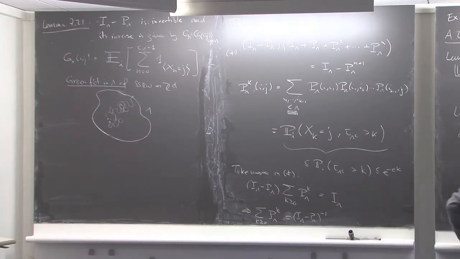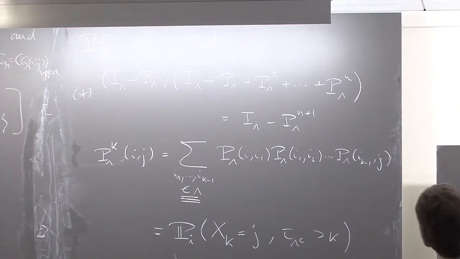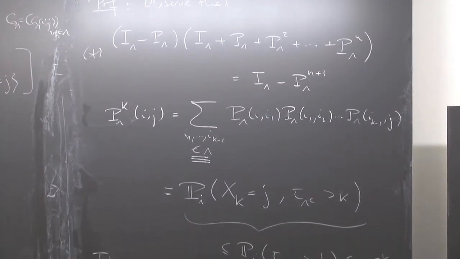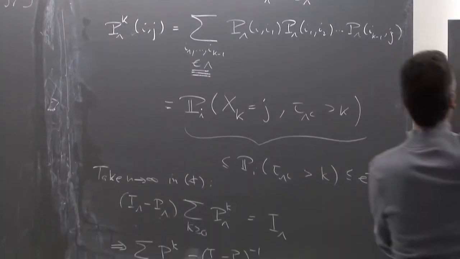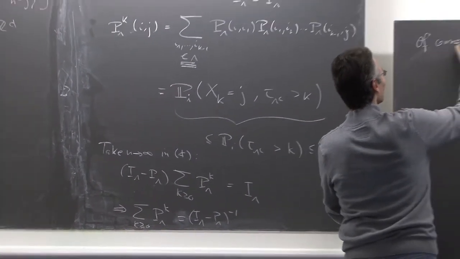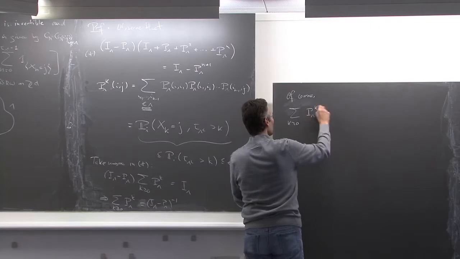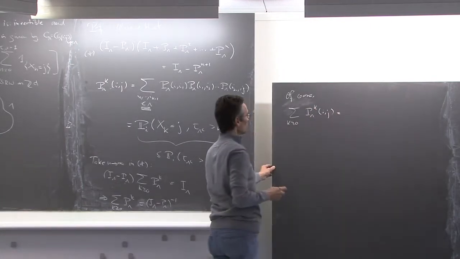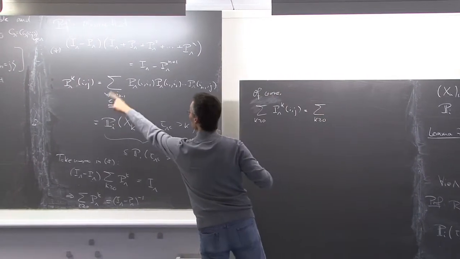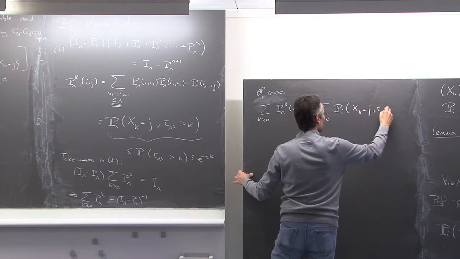And I claim that this is just what is written here. You just have to use the formula we have written down for the kth power of P. So the sum over k greater or equal to 0 of P_Λ^k(i,j) is the sum over k of the probability that X_k equals j and tau_Λ^c is larger than k.